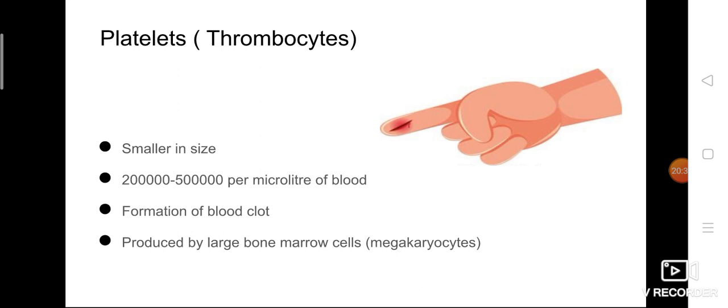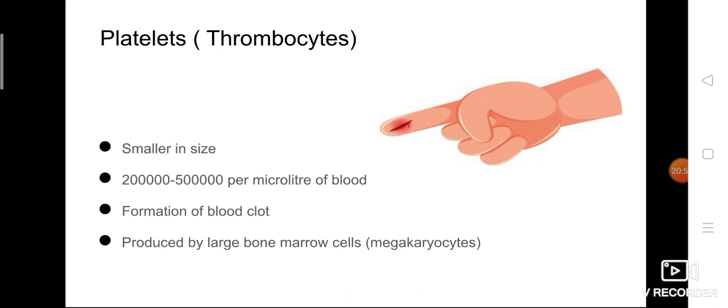After this, what happened? A lot of blood gets accumulated in that place, and after some time it makes a cap-like structure, so no further bleeding will take place. That is called blood clotting, and that blood clotting is done by these platelets.